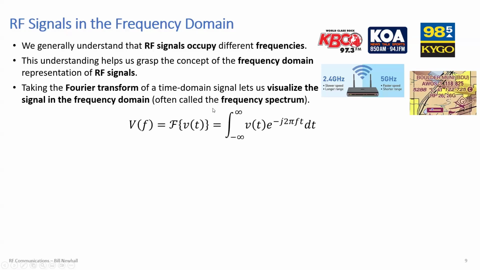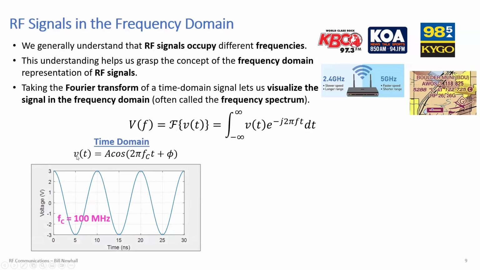And so mathematically, this is the Fourier transform. If you want to take the Fourier transform of V of t, you do this, right? This is the way you represent the Fourier transform of V of t, and you get capital V of f here. So V of t is a waveform like this. This is time domain. It has a t in it.